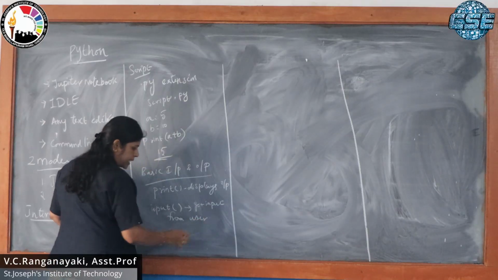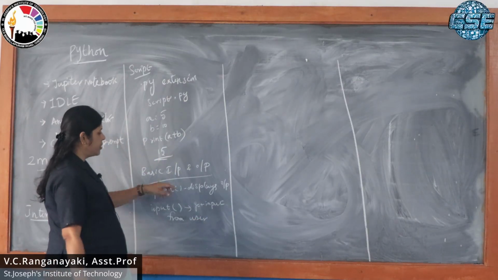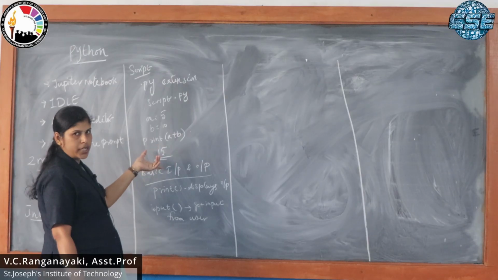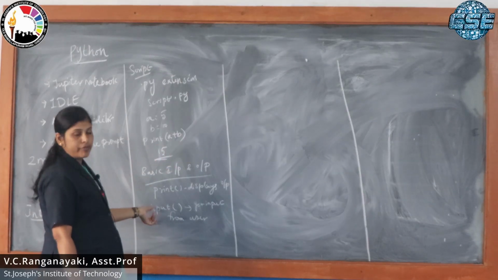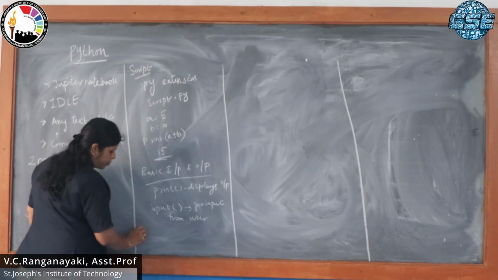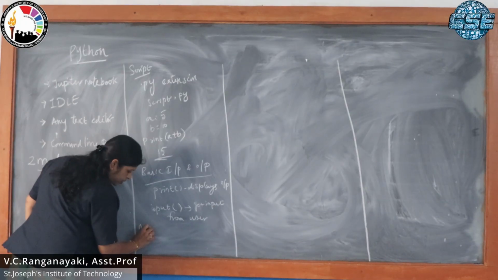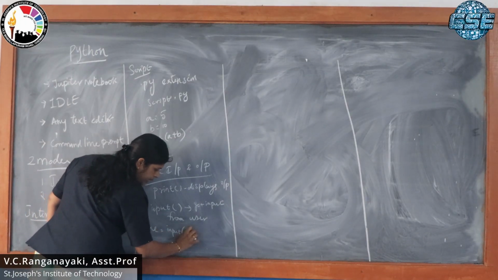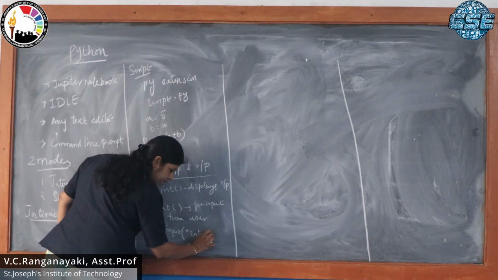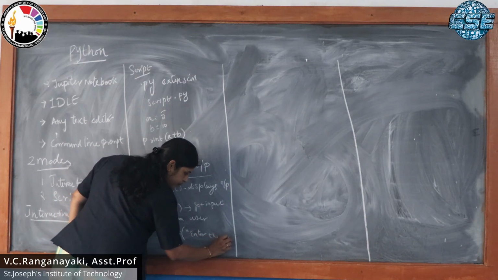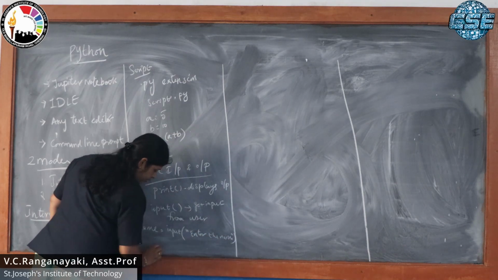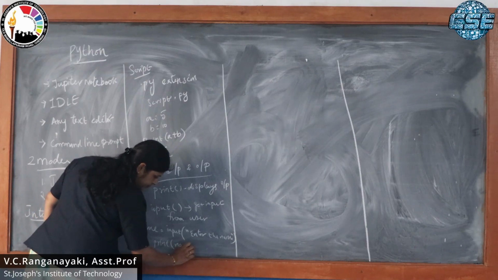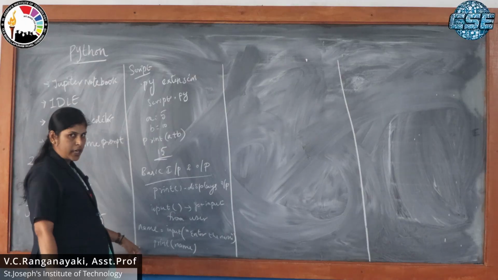For example, here we saw print A plus B. If we give print A plus B, we get an output on the output screen. If we use input, for example, name equal to input of "Enter the name", then print name. I am giving the code like this, right?